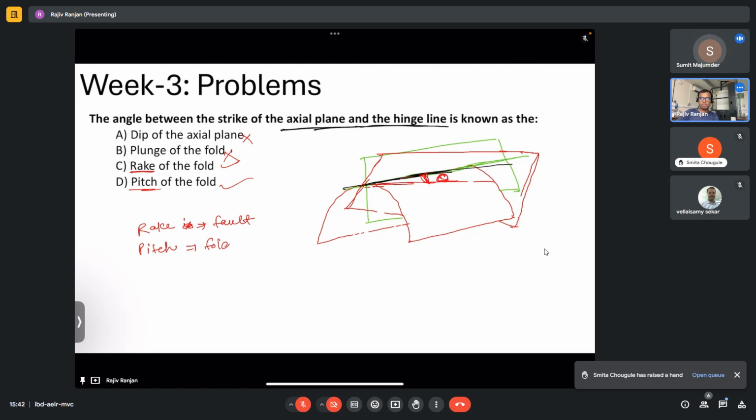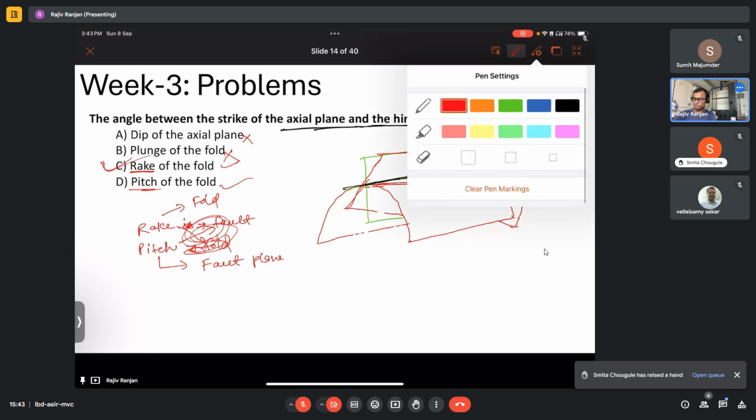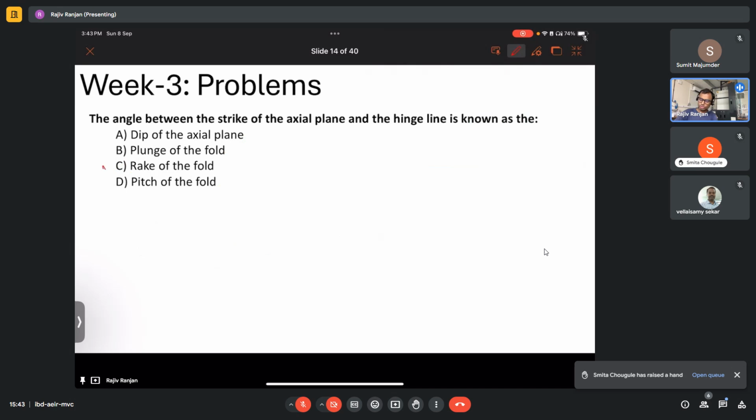The pitch. Just one second. Really sorry, it's just the opposite. Rake is for fold and pitch is for fault plane. So the correct answer is C. I hope you got it.